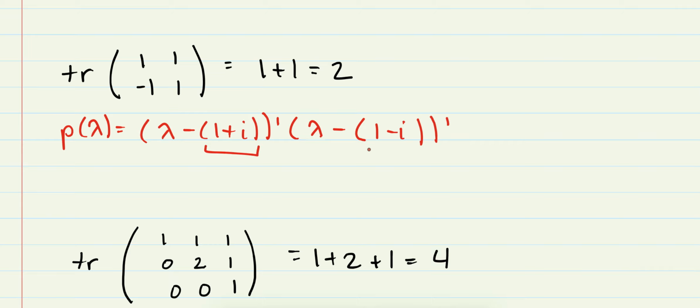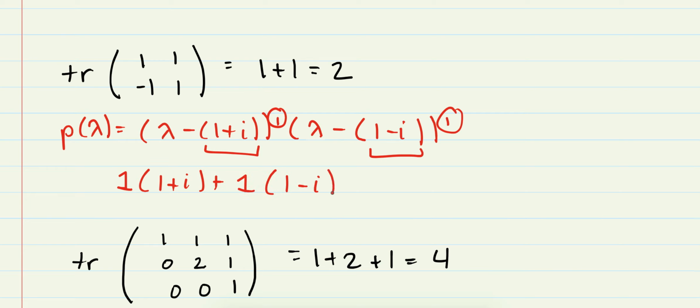Here are our eigenvalues, here are the multiplicities, so we just say 1 times 1 plus i plus 1 times 1 minus i. This is 1 plus i plus 1 minus i. The i's cancel, and we get 2. So we get the same thing.